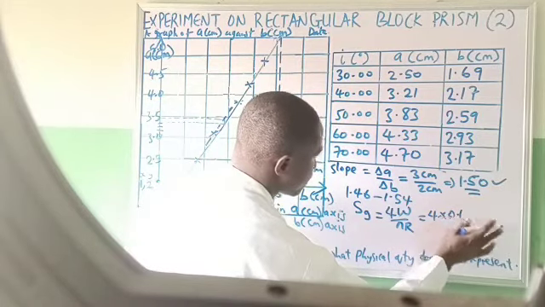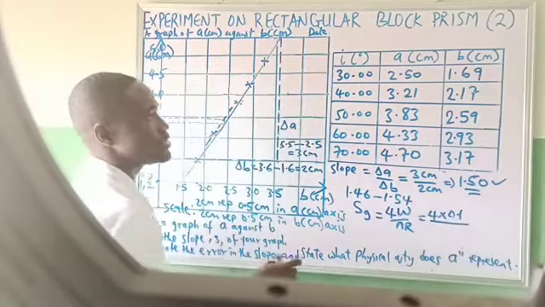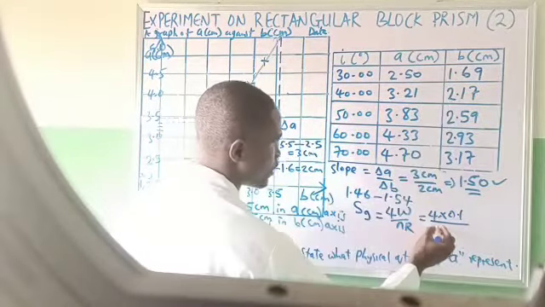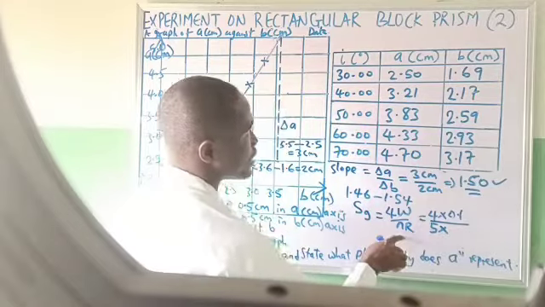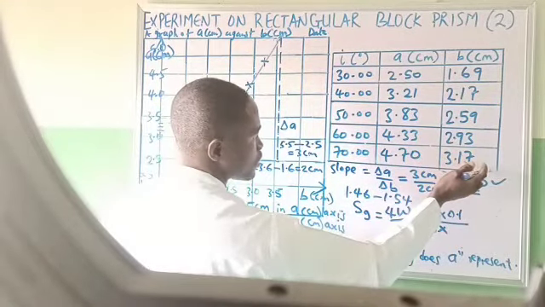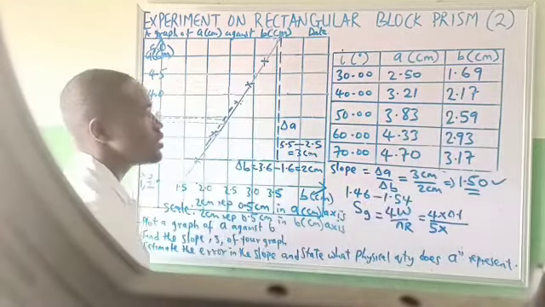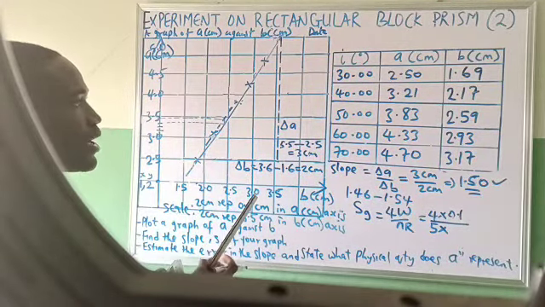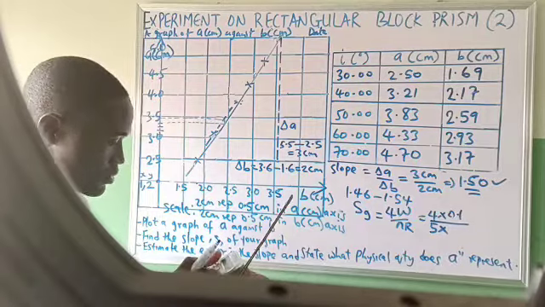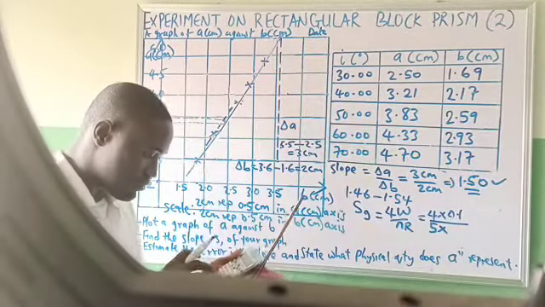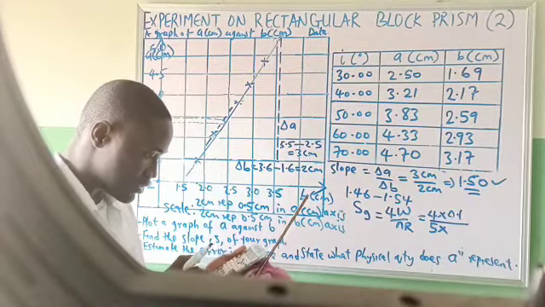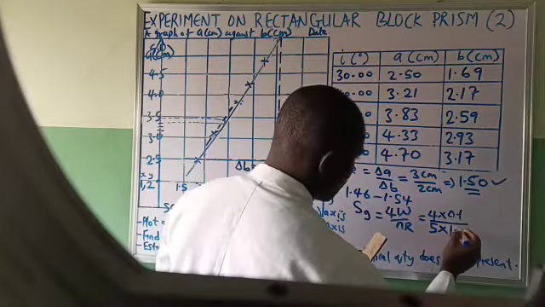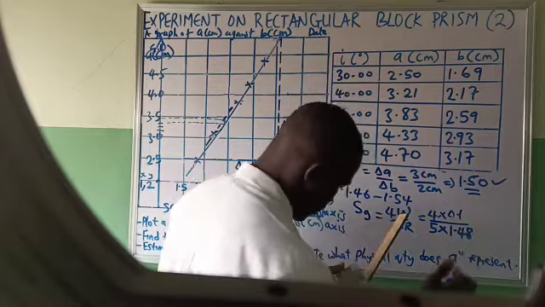All over N, which means how many points do we plot? 1, 2, 3, 4, 5. 5 points. R means your horizontal range, this minus this: 3.17 minus 1.69. That is 1.48.